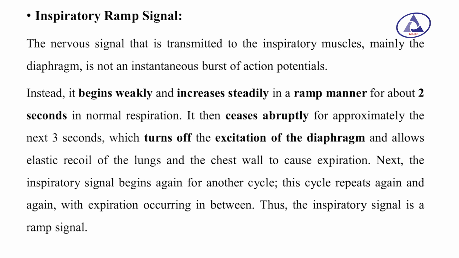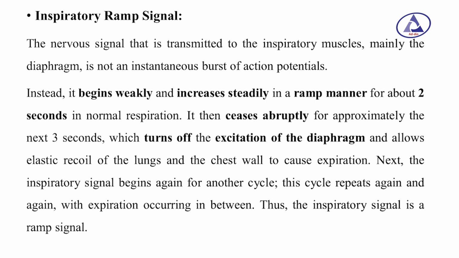The main signal is coming from which neuron? The inspiratory signal from the dorsal respiratory group of neurons. Always say dorsal respiratory group of neurons. Thus, the inspiratory signal is a ramp signal.